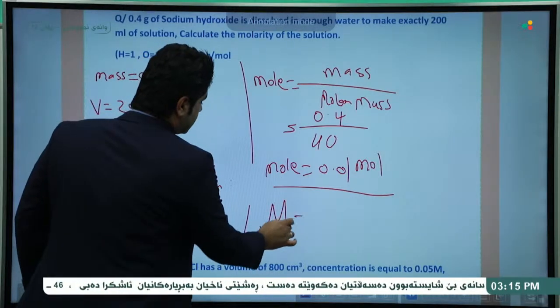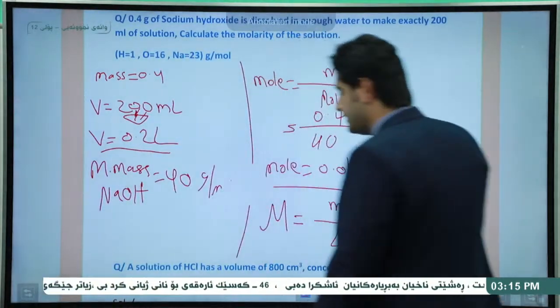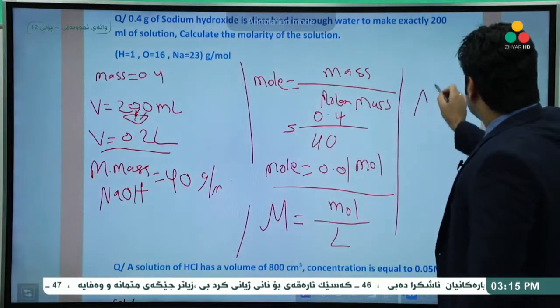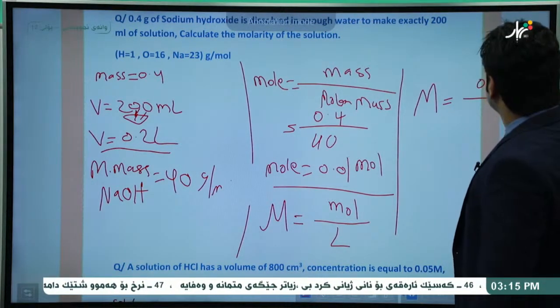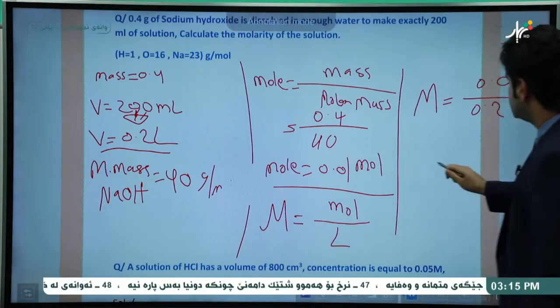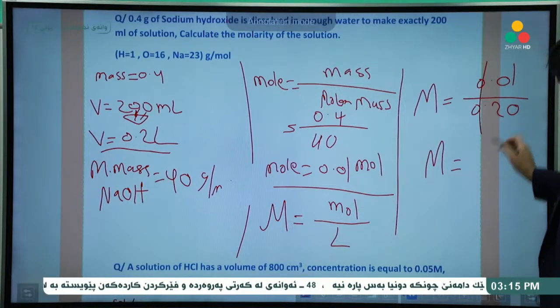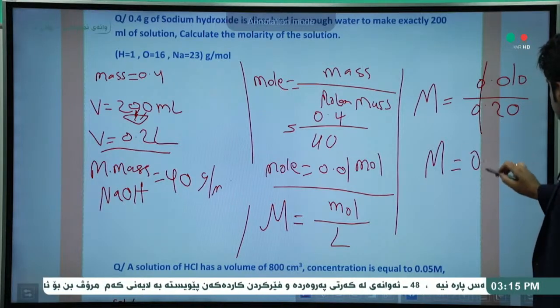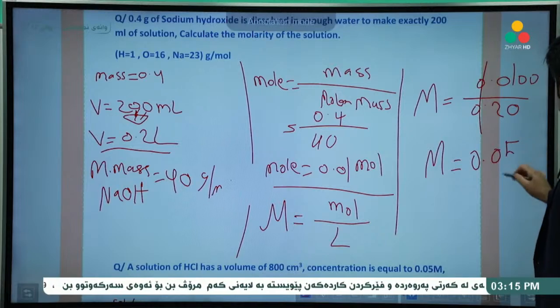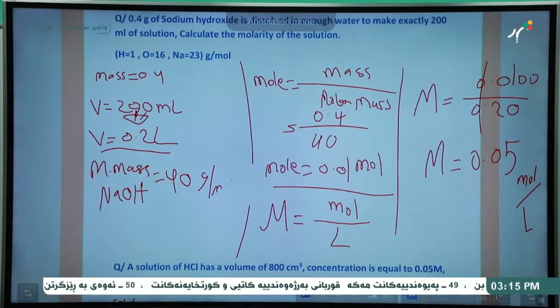So molarity is equal to mole per liter. Look how easy it is. Molarity is equal to 0.01 divided by 0.2 liter, which is 0.05 mole per liter. Very good. So now we have calculated the value of molarity very easily.